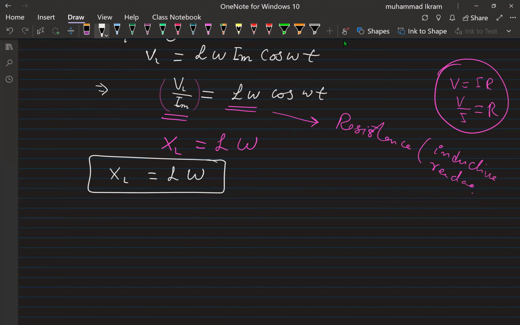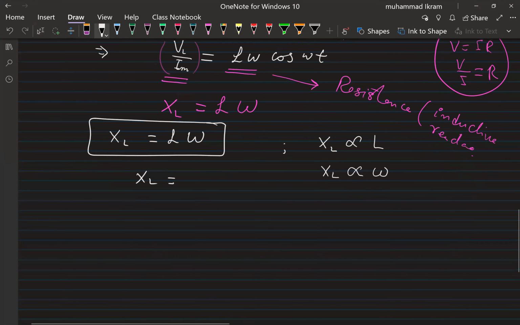Now let me move one step further: this inductive reactance is directly proportional to the inductance. Greater the inductance, greater will be the opposing power. Smaller the inductance, smaller will be the opposing power. And it is directly proportional to the angular frequency also.